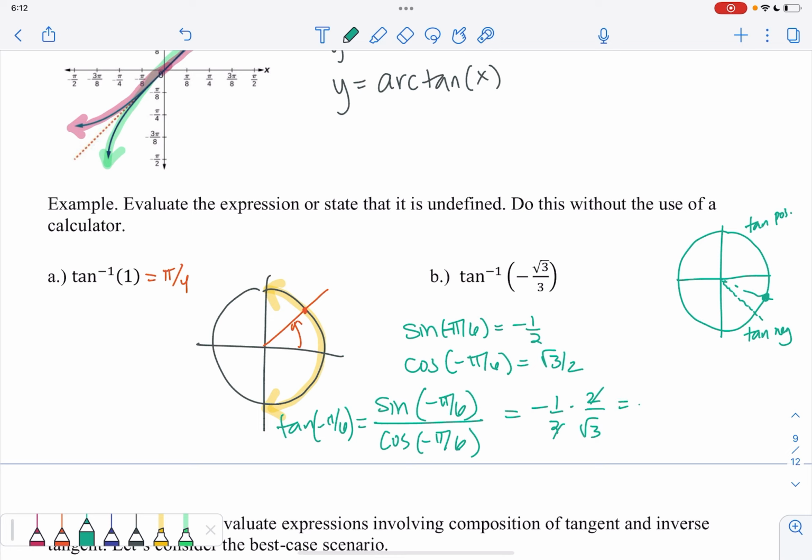But I can see that would give me -1/√3, but when I rationalize the denominator, I get √3/3, but it's, again, negative. That's what I wanted. So what I can see is that there is an angle between -pi/2 and pi/2, such that when I take the tangent of that angle, I have an output that matches what I have here. So tan inverse of -√3/3 is equal to -pi/6.